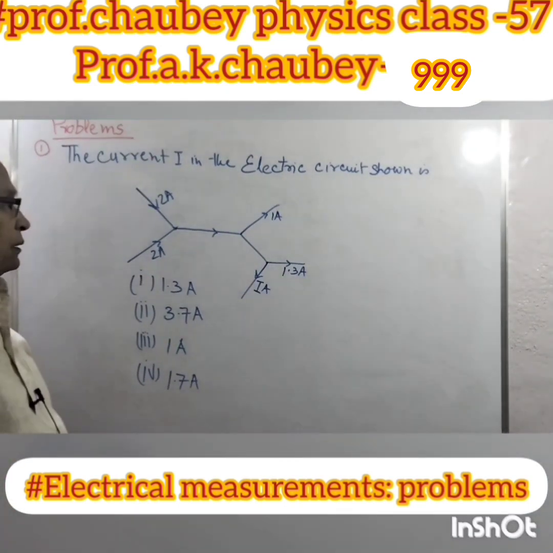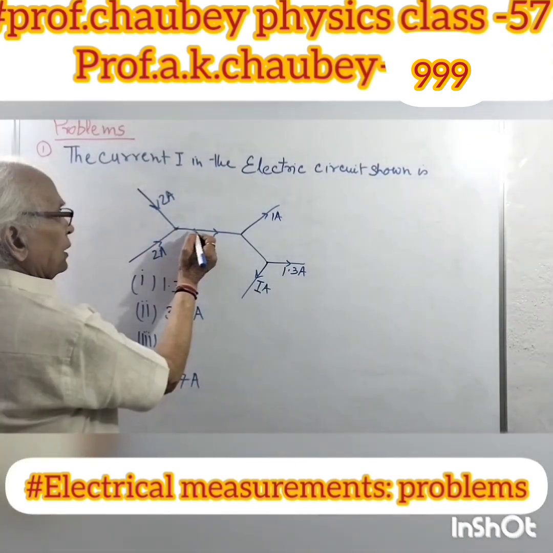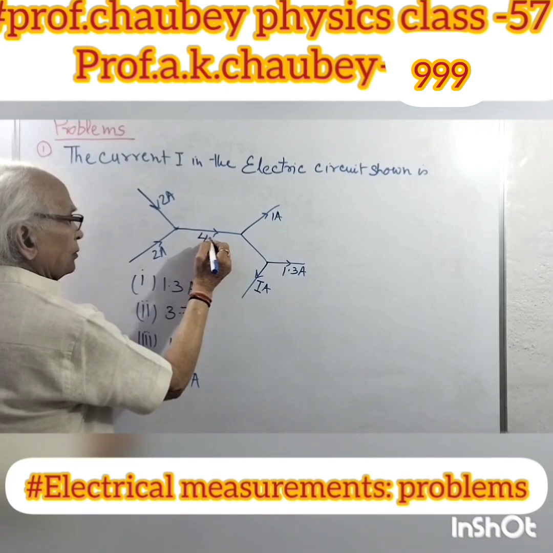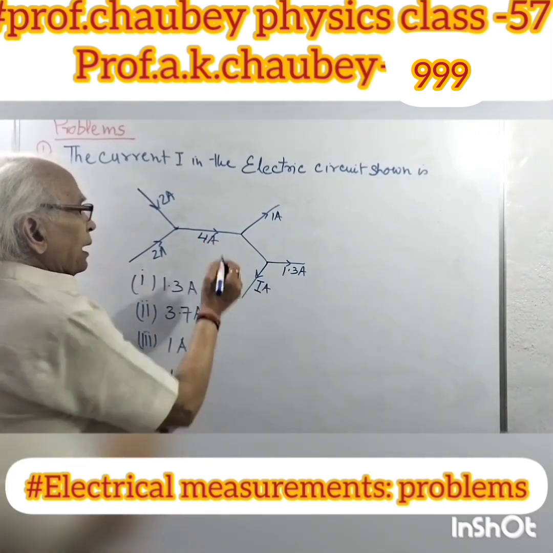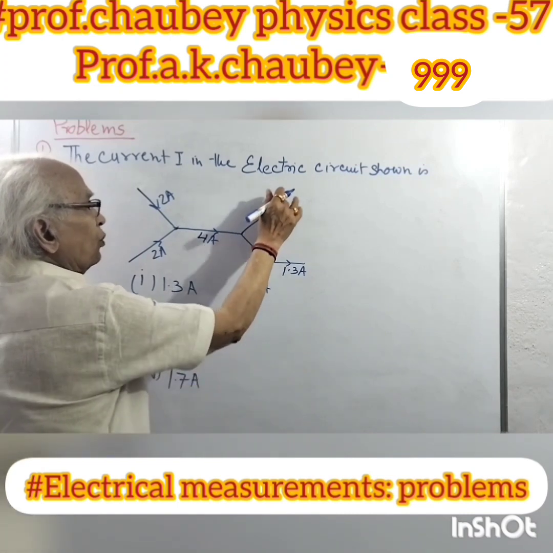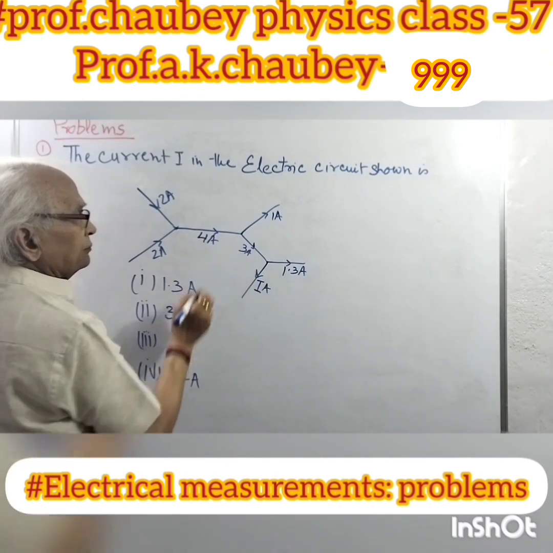So friends, see, 2 ampere current here, 2 ampere current here, so here total current becomes 4 ampere. Now 4 ampere current here, at this junction 1 ampere goes this side, so current left here is now 3 ampere.